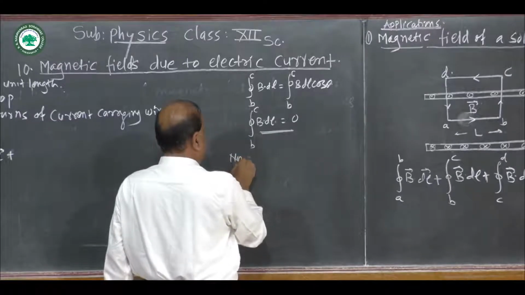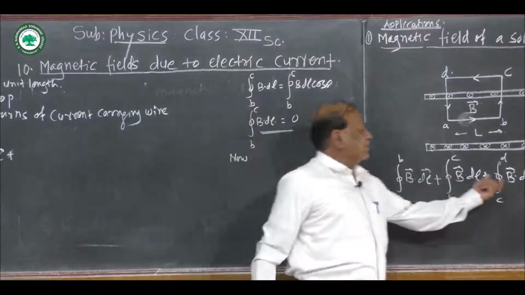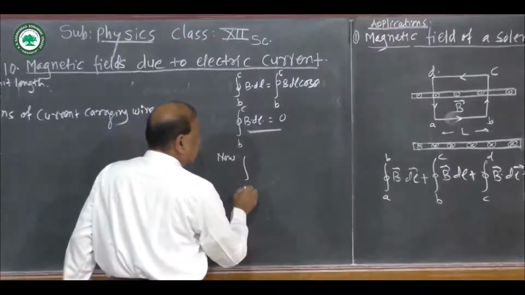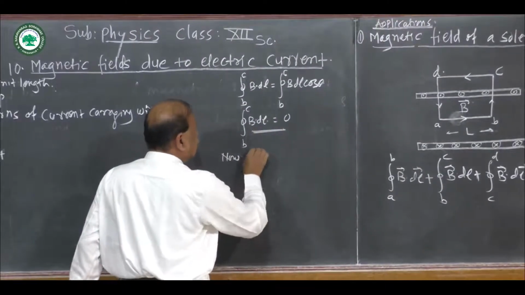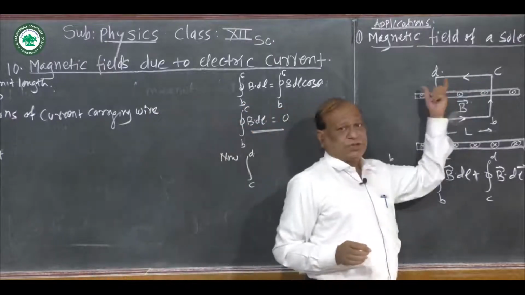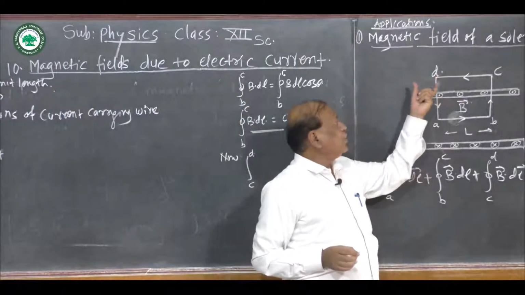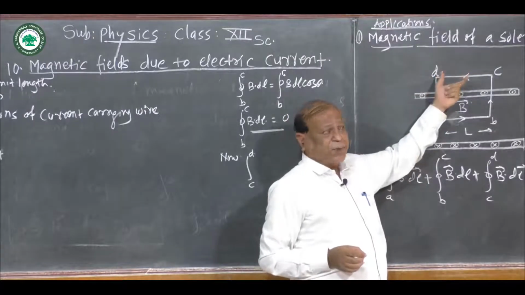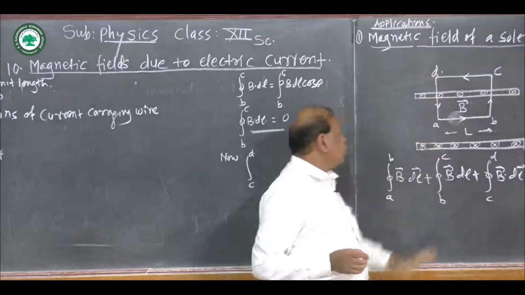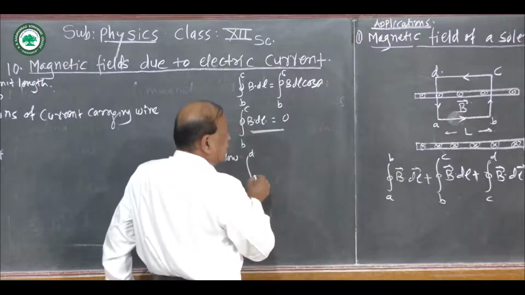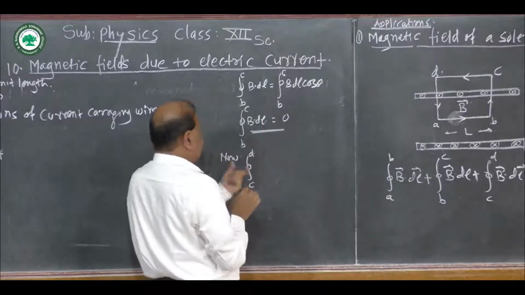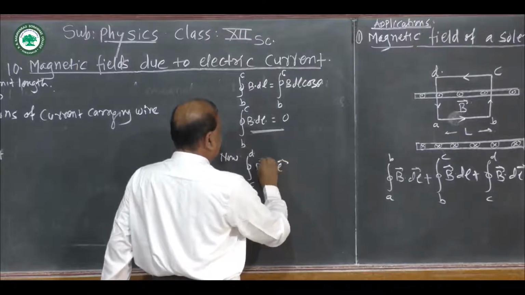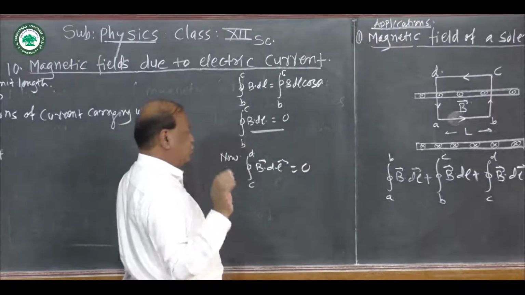Again, consider the second term, the line integration from C to D. We know that the magnetic field outside the Amperian loop is 0, and therefore the line integration from C to D of B dot dl is also 0.